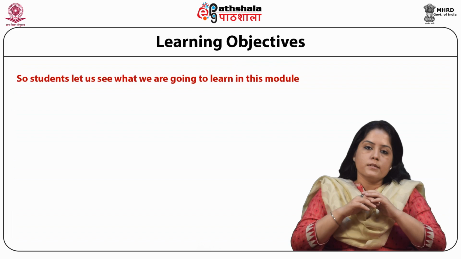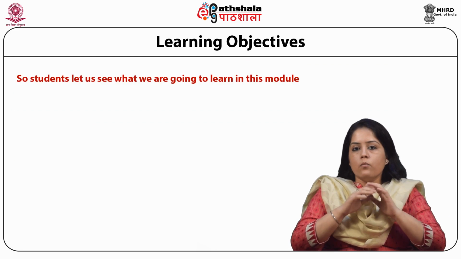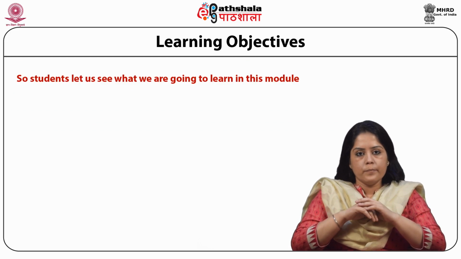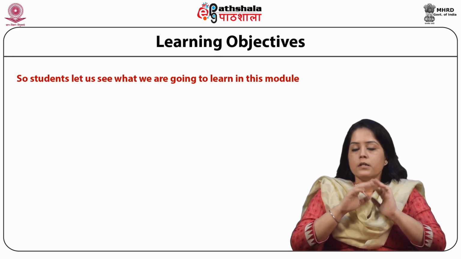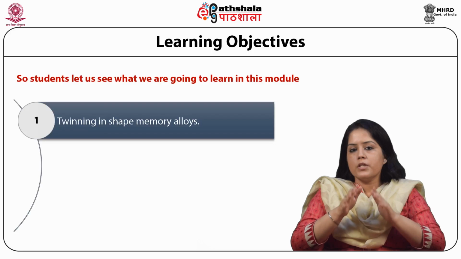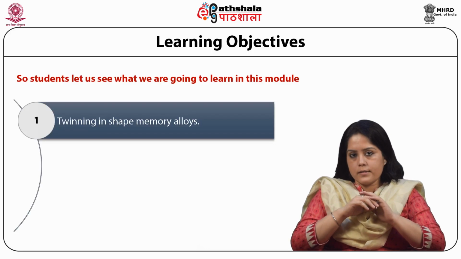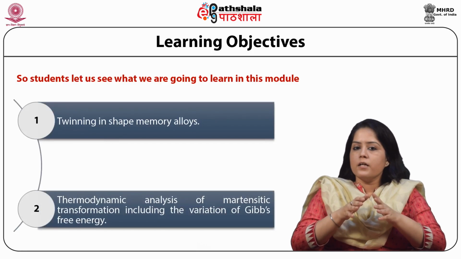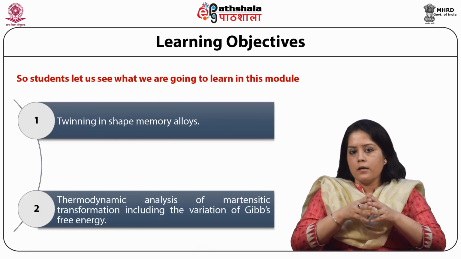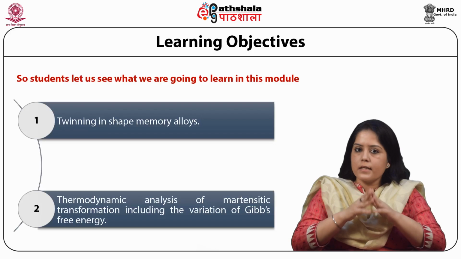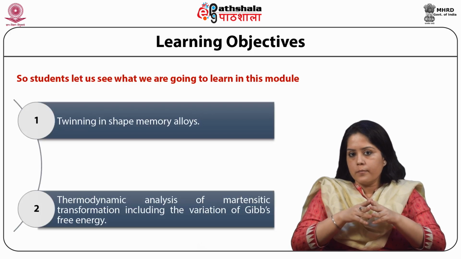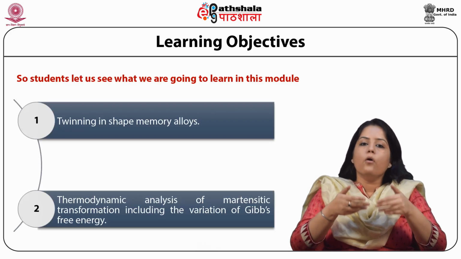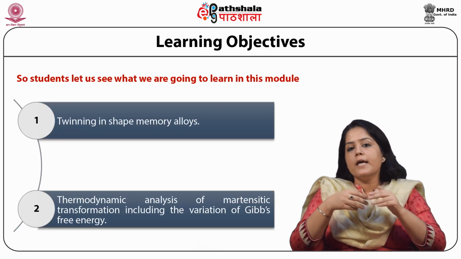So students, let us see what we are going to learn in this module. First, twinning in shape memory alloys. Second, thermodynamic analysis of Martensitic transformation, including the variation of Gibbs free energy.